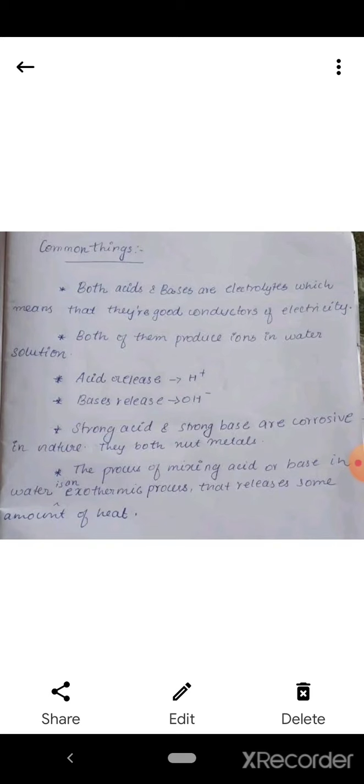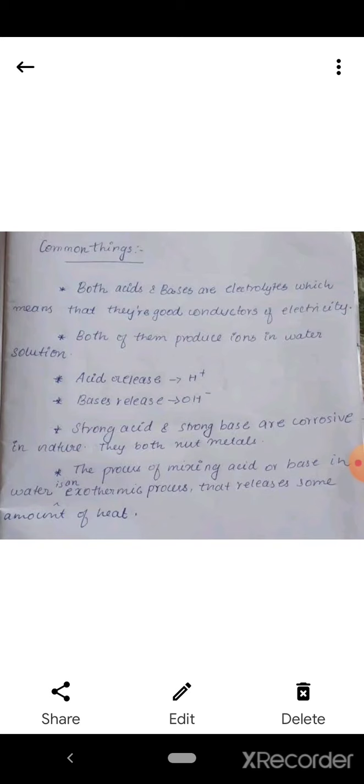Now see what happens to acids or bases in a water solution. If we react HCl plus water, if we consider the electrolytic process, hydrochloric acid plus water means HCl plus H2O. It gives you H3O+ and Cl- ions. Hydrogen ions in HCl are produced in the presence of water.